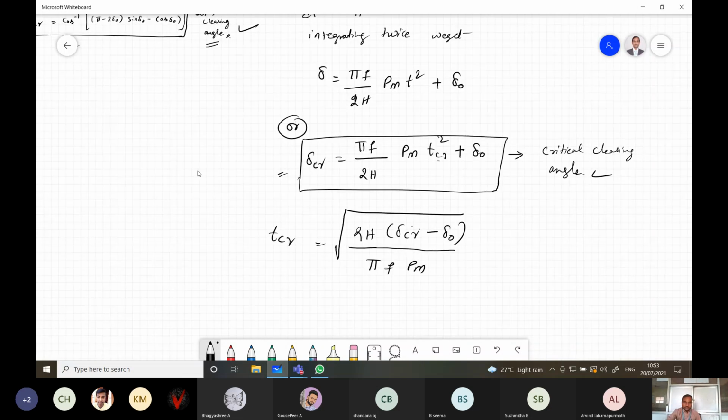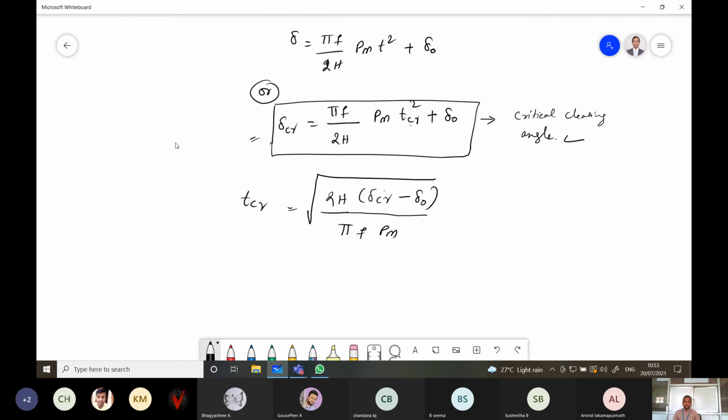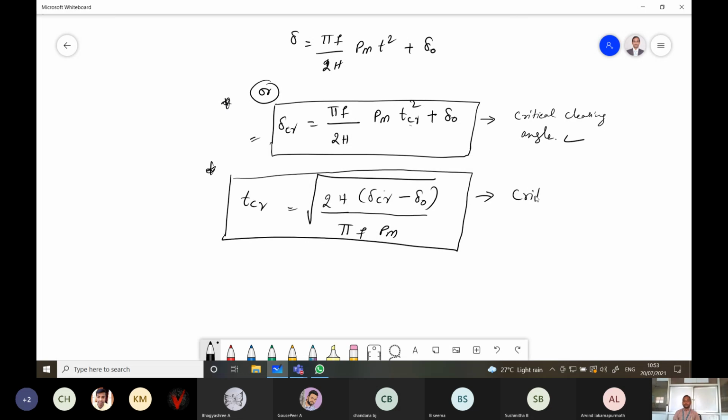So this is the expression for the critical clearing time. These two are important: critical clearing angle and critical clearing time. TCR is the critical clearing time.